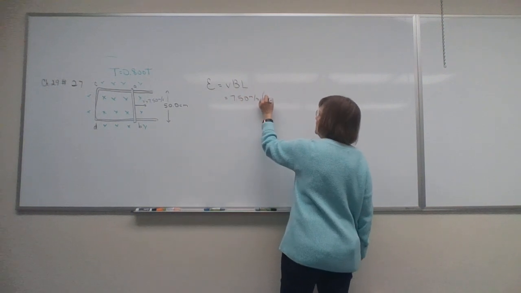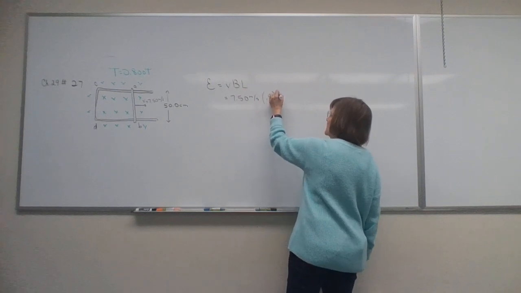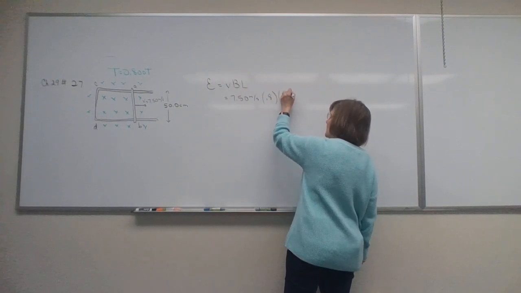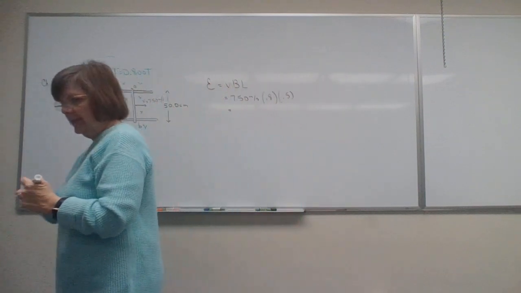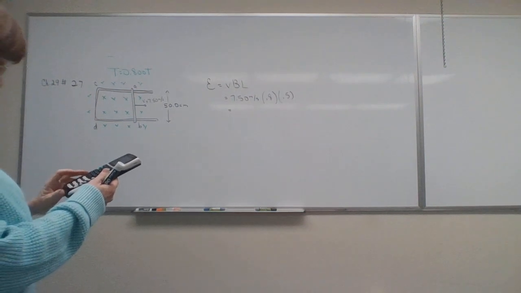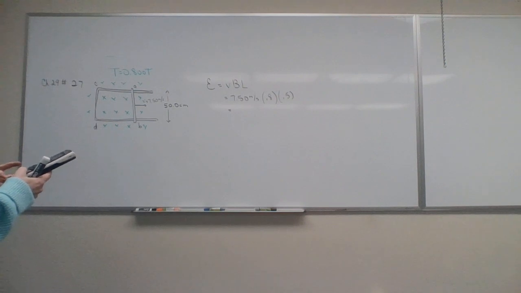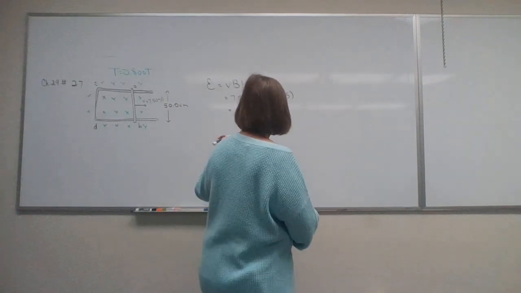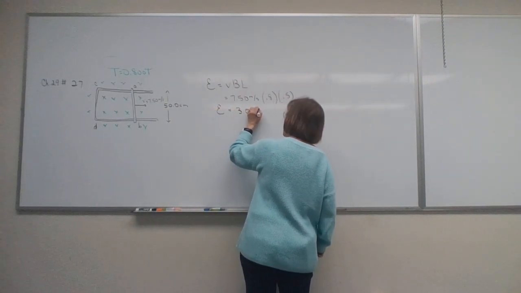B is 0.8. And L is 0.5. So we need to get that magnitude. 7.5 times 0.8 times 0.5. That is 3. That came out nice. So we have an induced EMF of 3 volts.